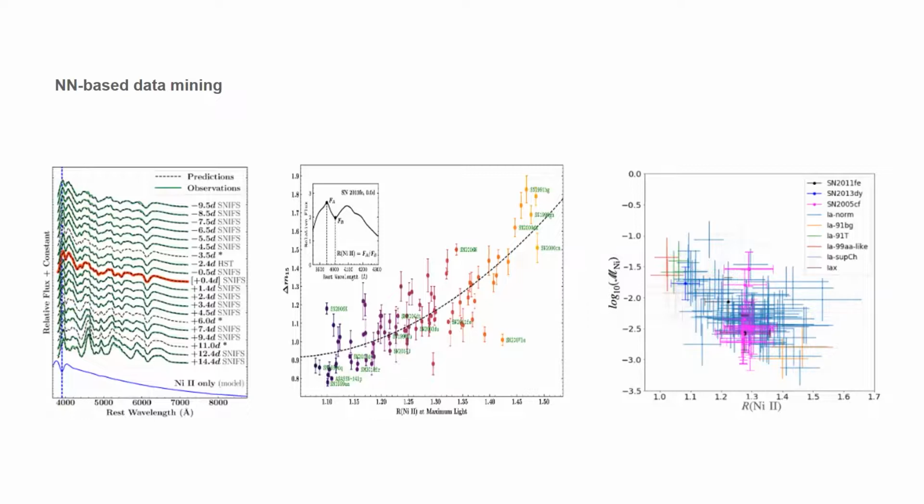With a neural network, you can build extrapolation or interpolation tools. Imagine you have one spectrum, then there are a lot of hidden parameters you can train, and then you can extrapolate that information to early and late times.